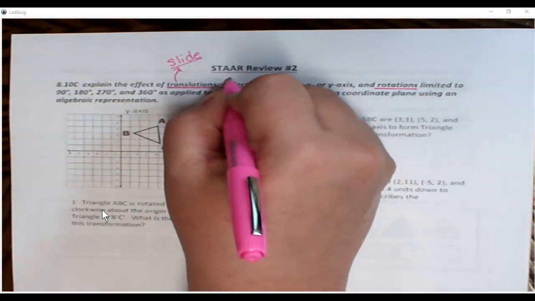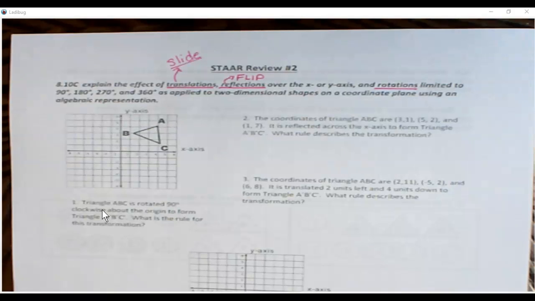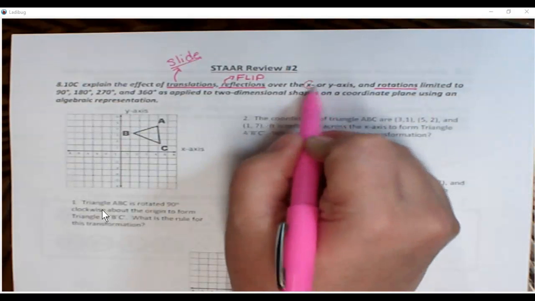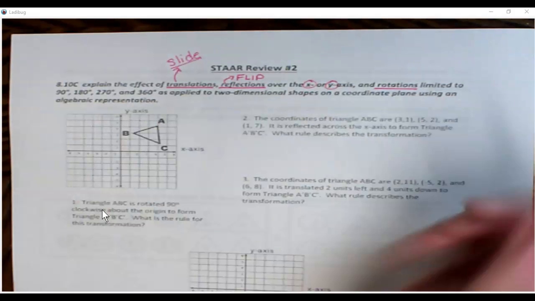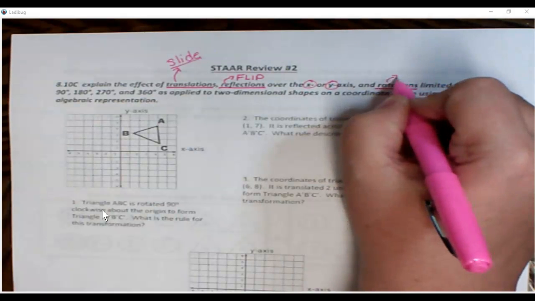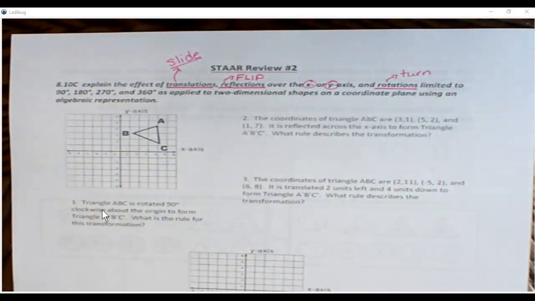A reflection is when you flip an object, so it's either going to flip over the y or the x-axis. And then rotations, if you will recall, are a turn. We are turning an object or an image about the origin on the coordinate plane.